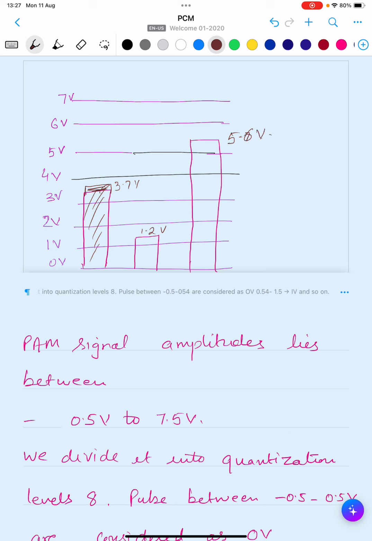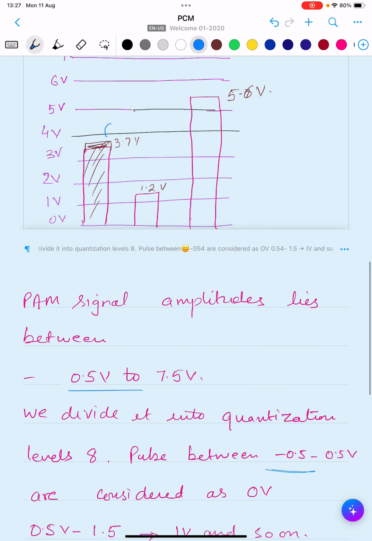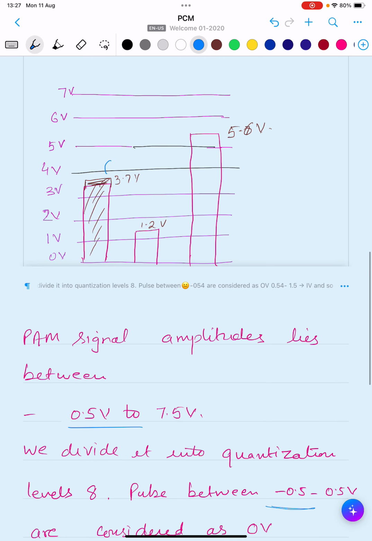Basically we will approximate them according to the range we defined here. We will make it equal to 4 volts, the next equal to 1 volt, and the last equal to 6 volts. So what we are doing is introducing a quantization error. These are then known as quantized pulses. They are no longer the actual PAM signals, they are quantized pulses.